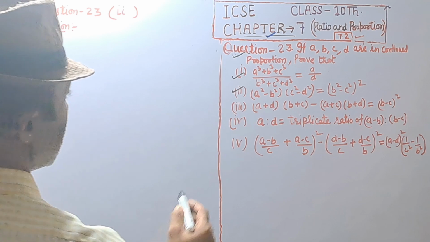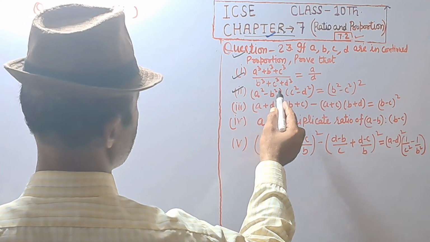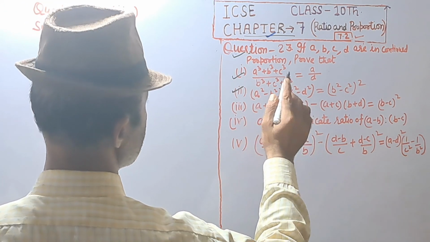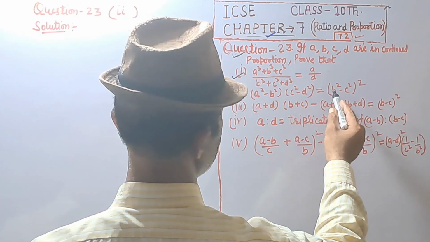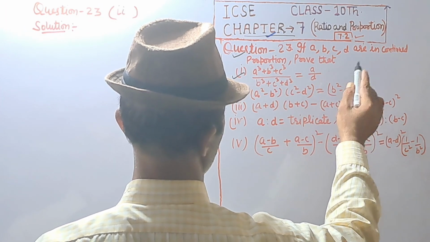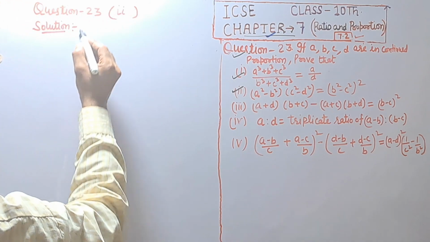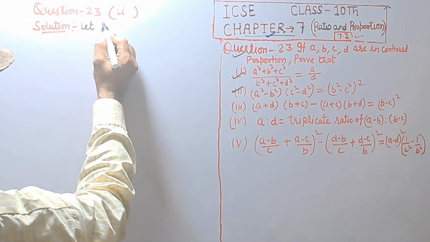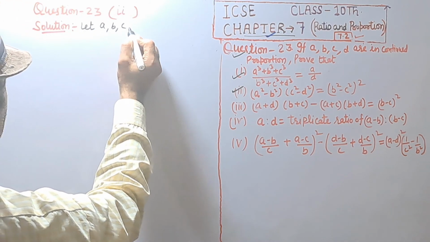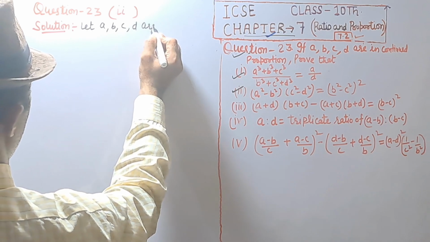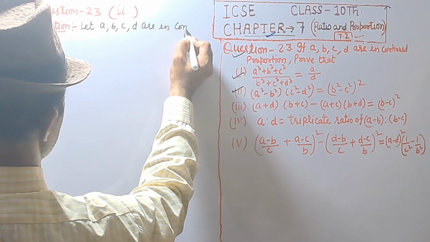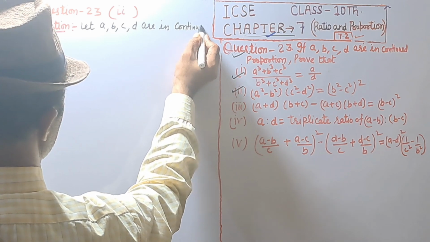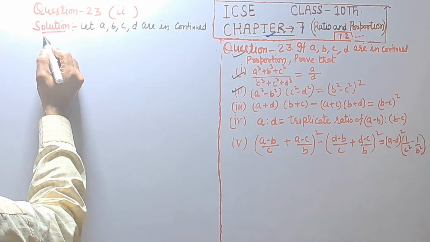Second part is a raised to power 2 minus b raised to power 2 into c raised to power 2 minus d raised to power 2 equal to b square minus c square all raised to power 2. Let a, b, c, d are in continued proportion.